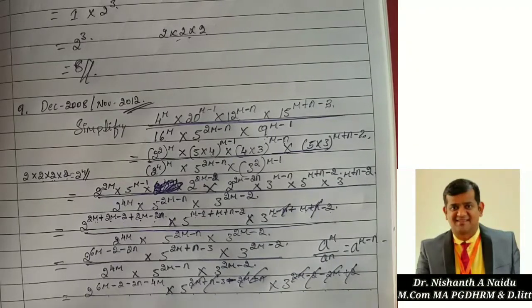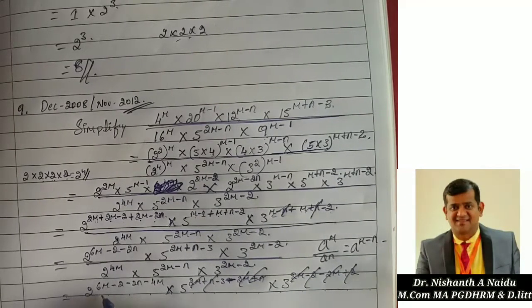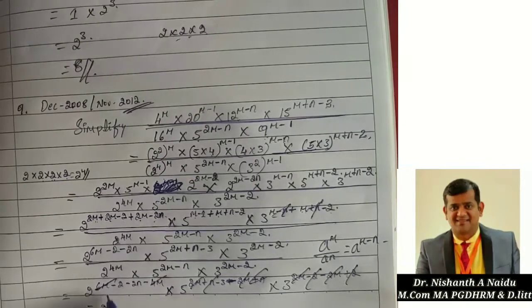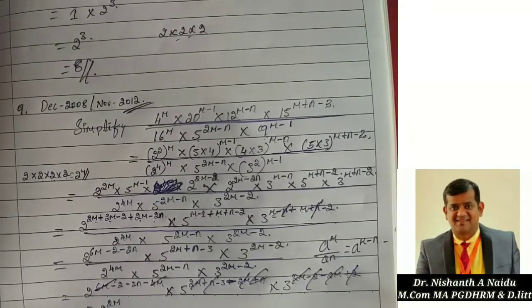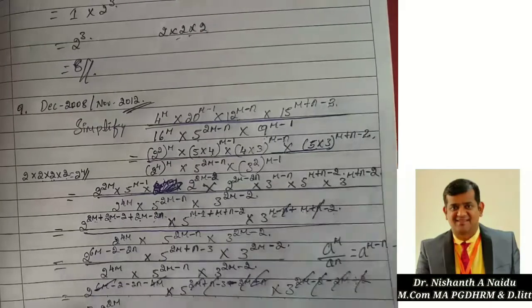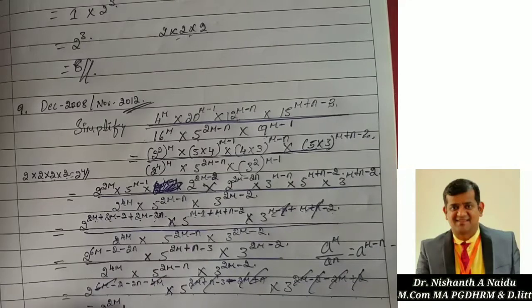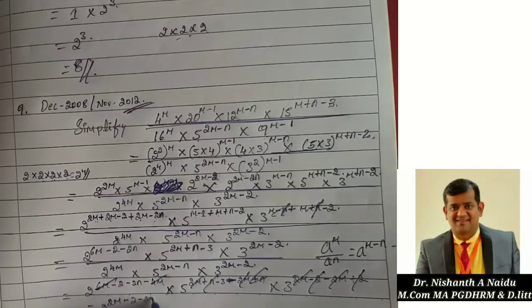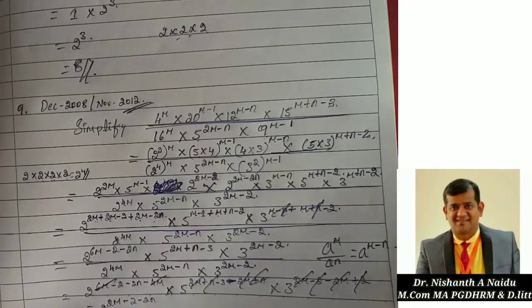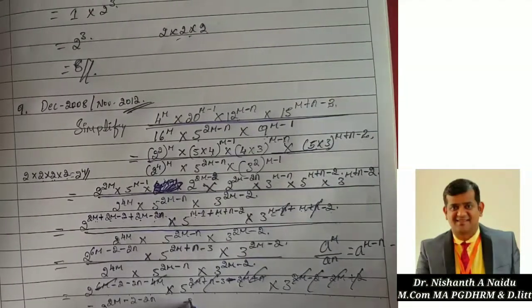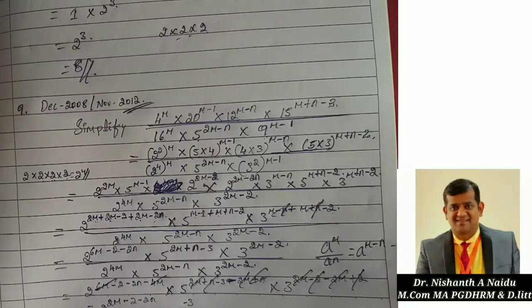So next, if you come to this side, 6m, 4m is there, so 2m is left out. So we are left with 2 to the power 2m, then minus 2 minus 2n, into 5 to the power minus 3.